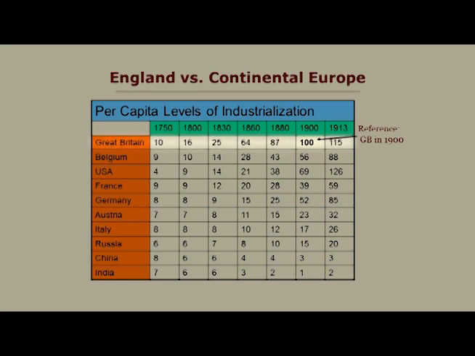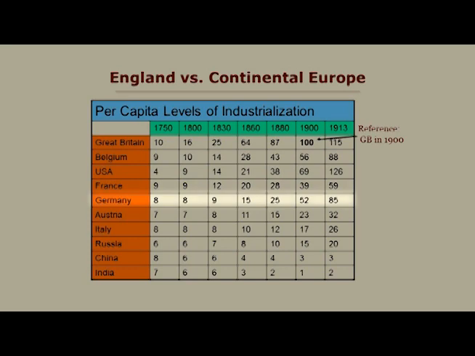So you see the growth from 1750 to 1900 in Great Britain, and it's a very steady growth all the way up to 100. Belgium, which is a new country that decided that they were going to use industrialization as their focus, did a reasonable progression as well. The United States, where industrialization was quickly realized as an important part of our economy, also made a strong growth through this period. France, reasonable growth.